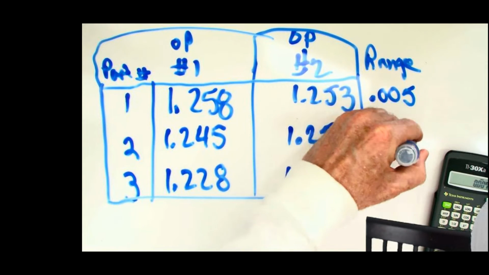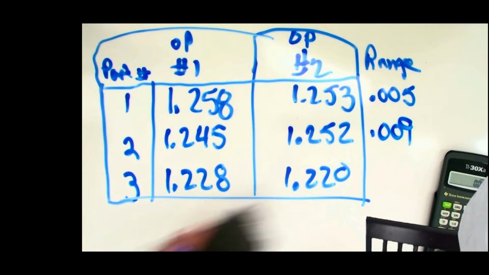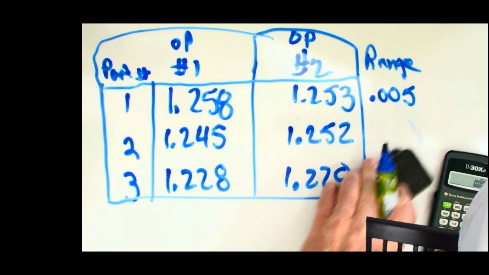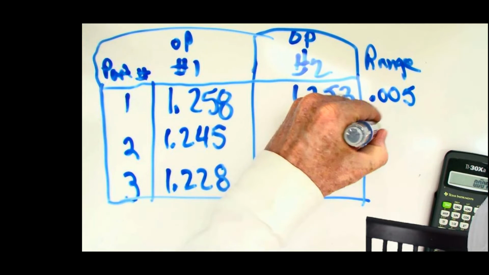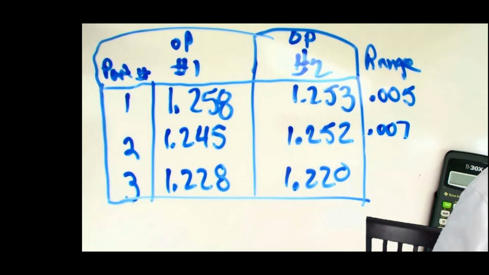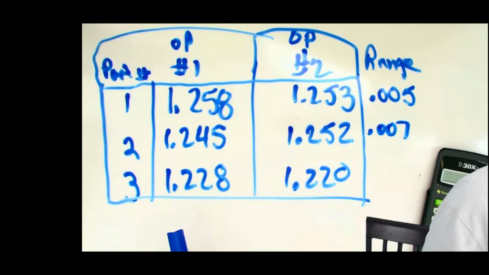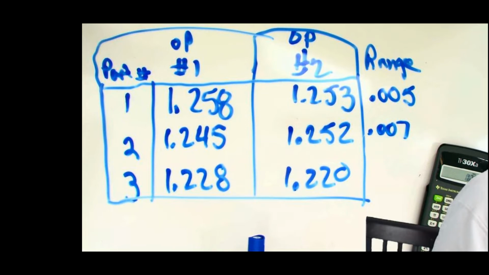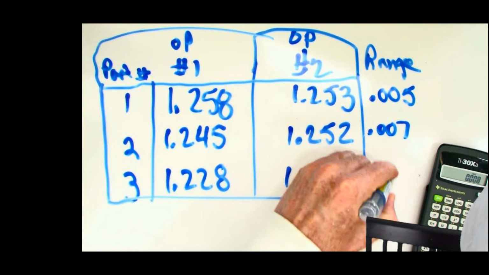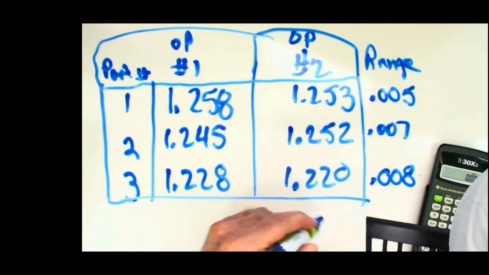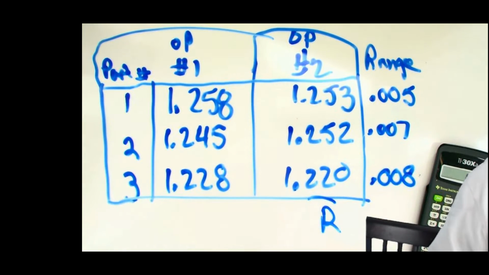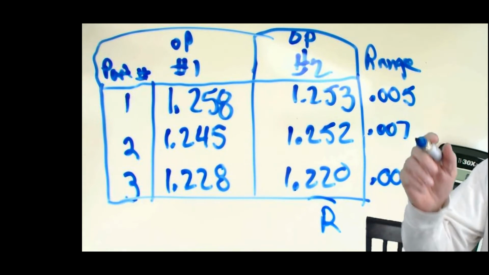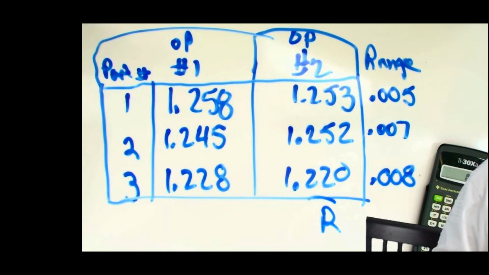So now I'm calculating the range. Now this one, you always take the larger one and subtract the smaller one from it when you're doing the range. Right. This one is 8 thousandths. Then I'm going to calculate R bar, which will be the average of all these ranges.